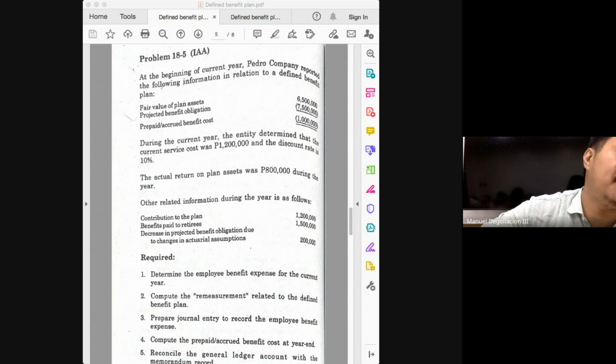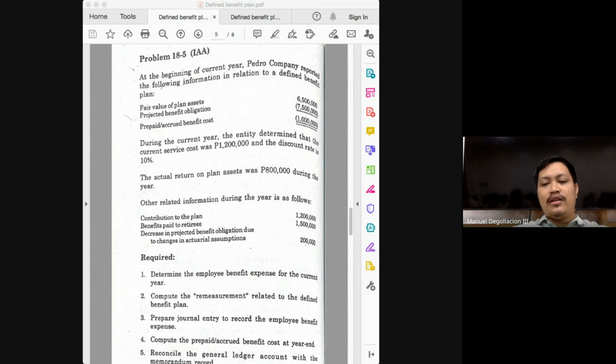Do we add the 350 or deduct it from the 1,300,000, class? Deduct, because I hope this makes sense to you, why we are deducting this one. The 1,300,000 are costs or expenses on your part. And then on the other hand, you have a gain. So the two would be offsetting, class. Okay, so the net amount would be 950. And again, how do we call the 950, class?